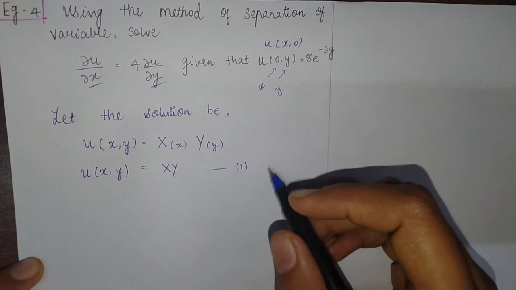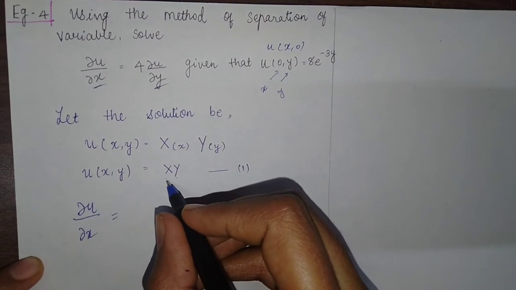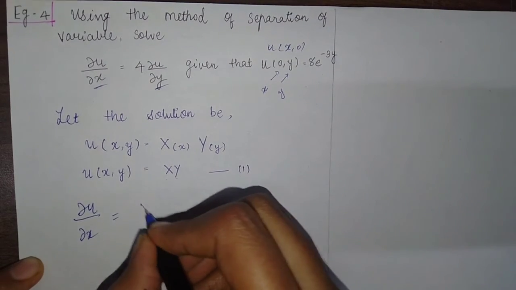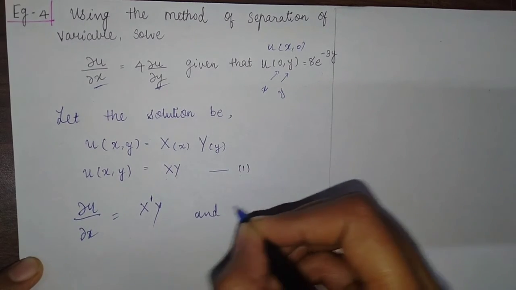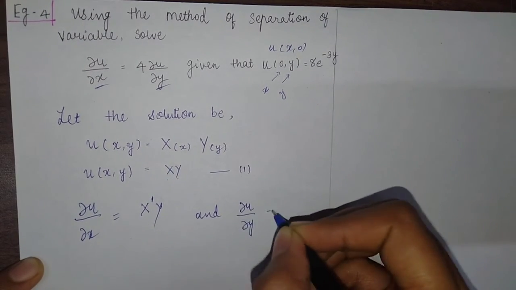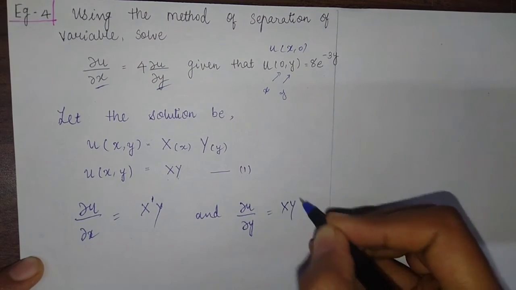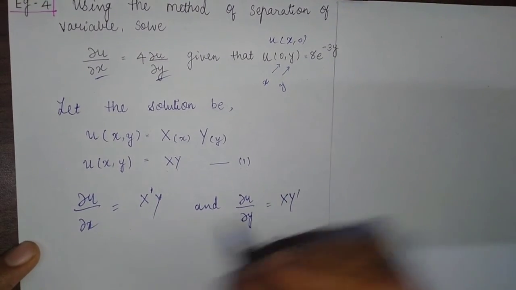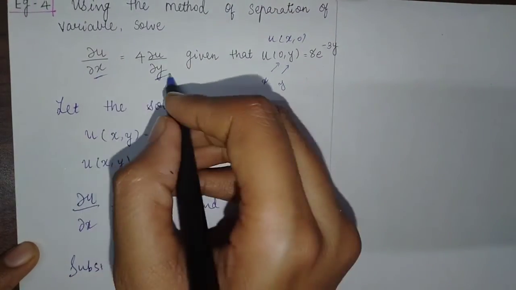So first of all, we will find del u by del x. From this equation, del u by del x will be x dash and y will remain as it is. And del u by del y will be x will remain as it is, and the derivative of y will be y dash.